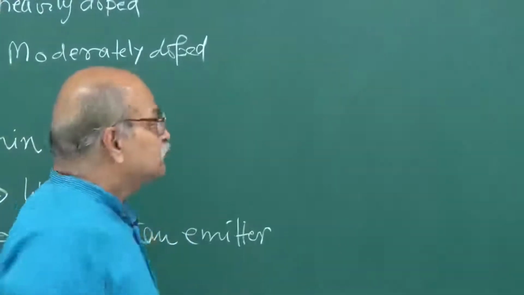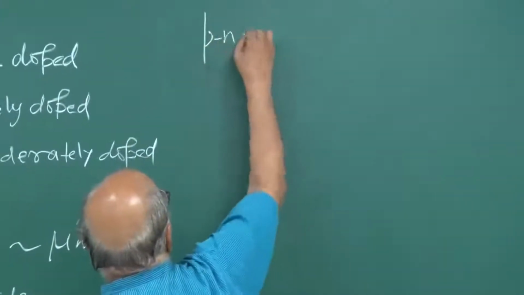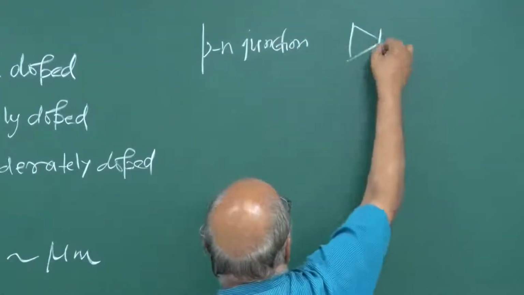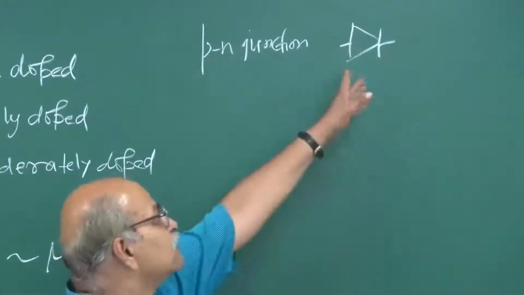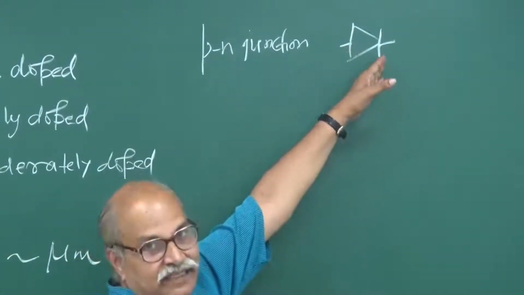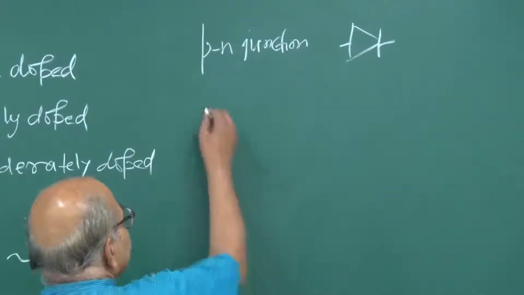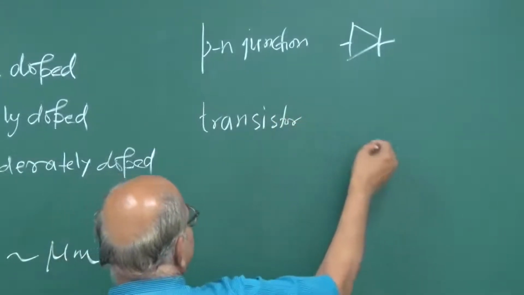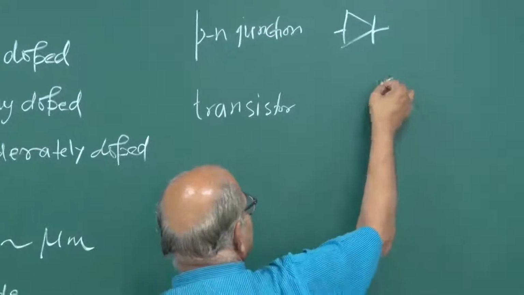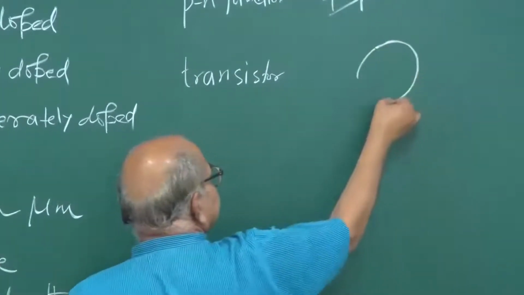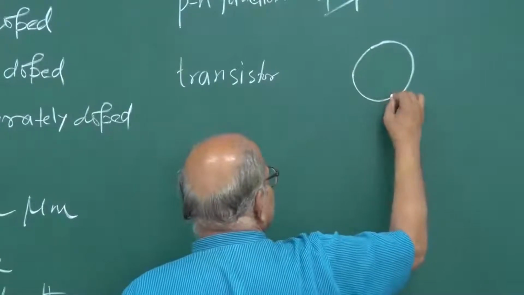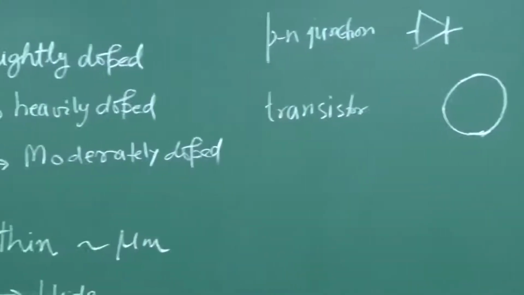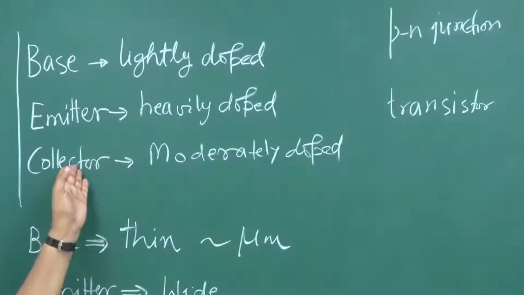For the PN junction, you remember, we also had a symbol, and the symbol itself tells that this side is P and this side is N. Similarly, for the transistor, generally people draw a circle. Sometimes you may not draw it, but it is good to draw a circle. And then 3 lines for these 3 parts: base, emitter and collector.